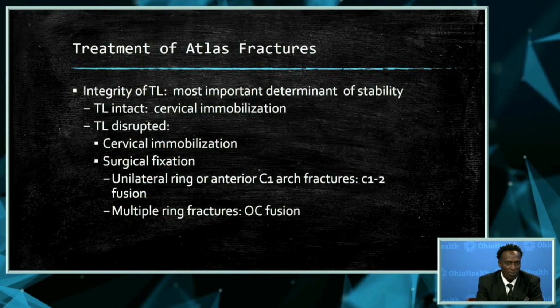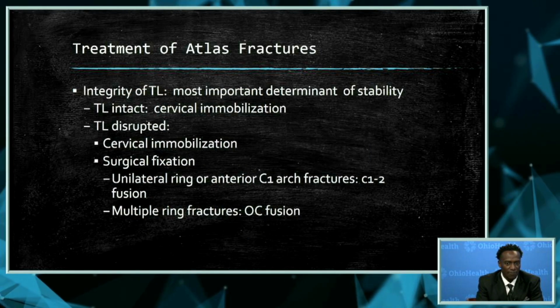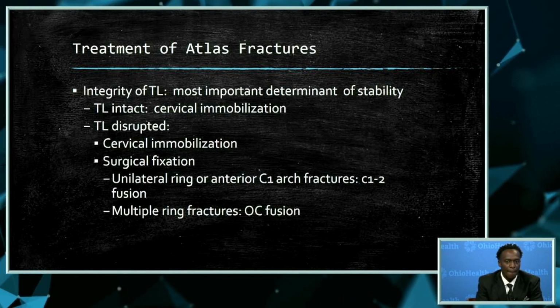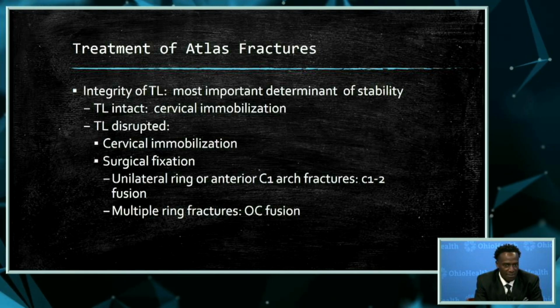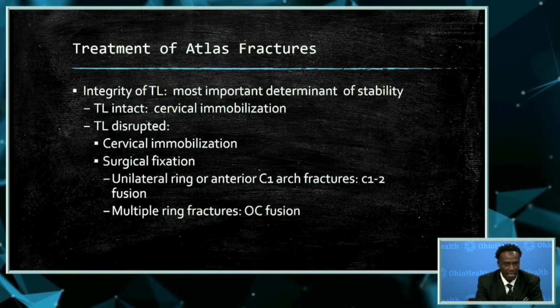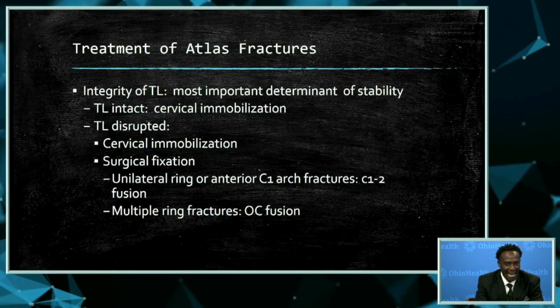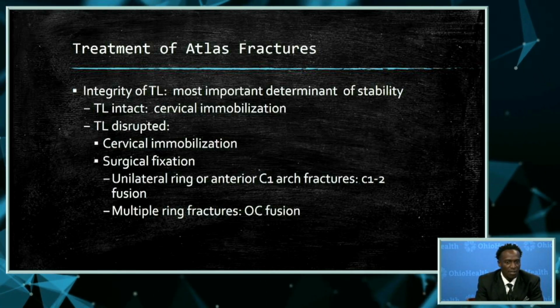So this is the important slide here as far as treatment, okay? So the integrity of the transverse ligament is going to be the most important determinant of stability. So that's the key thing that you need to know right there. If the transverse ligament is intact, then cervical immobilization will suffice.